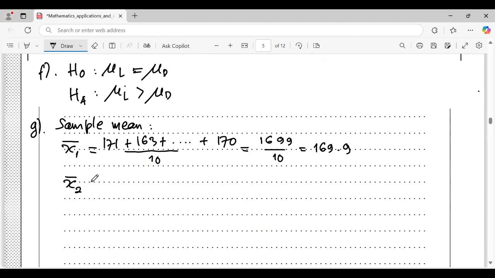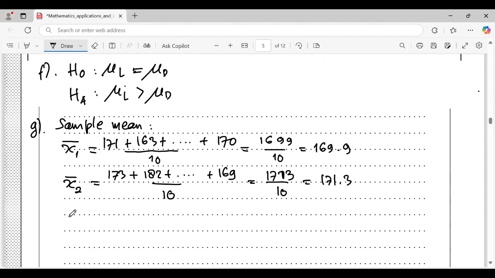And x2 mean is 173 plus 182 plus so on, 169, divided by 10, 1713 divided by 10, 171.3.